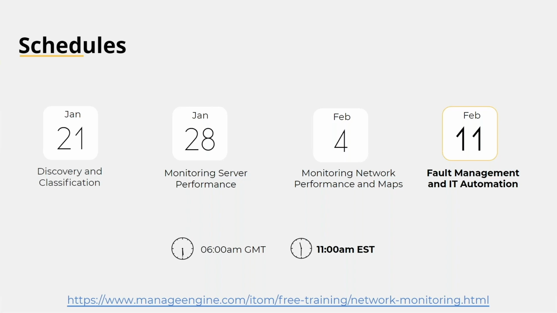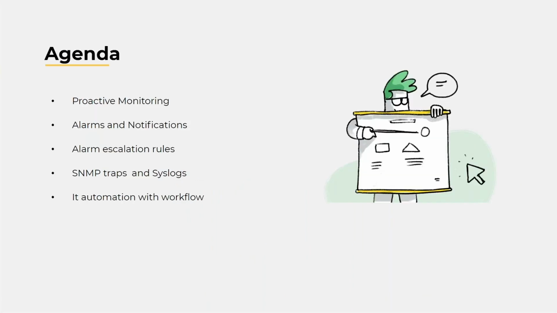In today's agenda, we are going to see how one can proactively monitor your infrastructure, and the various types of alarms and notifications that our tool has. It is mandatory to monitor your infrastructure all the time, but there are some scenarios when one can miss an alert.